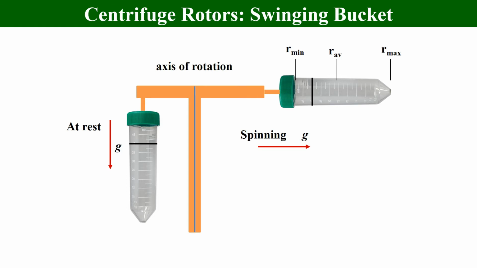As the rotor starts moving, the tube and the meniscus reorient through about 90 degrees in the spinning rotor's radial centrifugal field. What is important for us to notice is a particle which is maybe at the R minimum or maybe in the R average or in the R maximum, they will all experience different gravitational field.